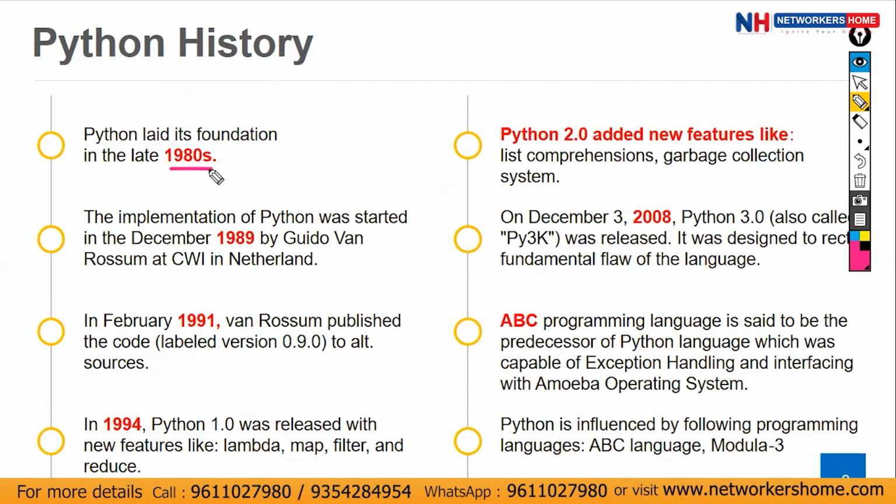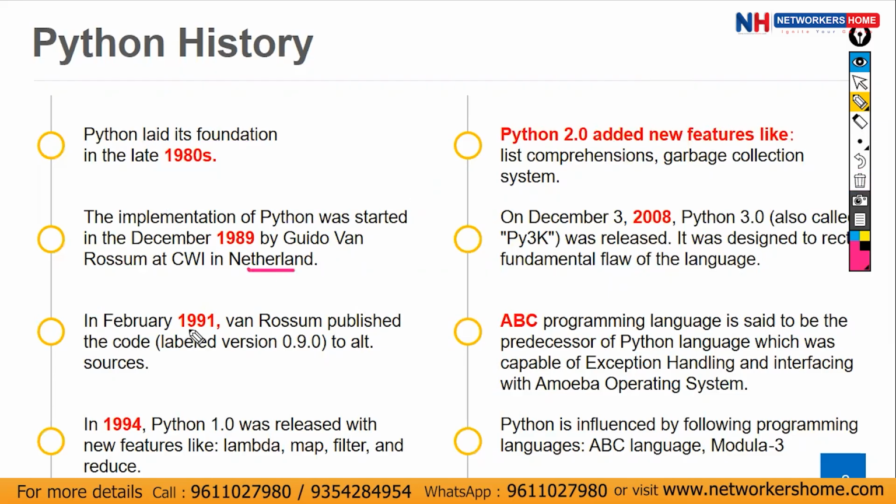So you can say this is almost a 40 years old language. Okay. The implementation of Python was started in December 1989. Actually, this is about the foundation, this is not the implementation. Okay. The actual implementation was in December 1989. So almost it took 9 years to be implemented. Okay. And that was in the Netherlands.